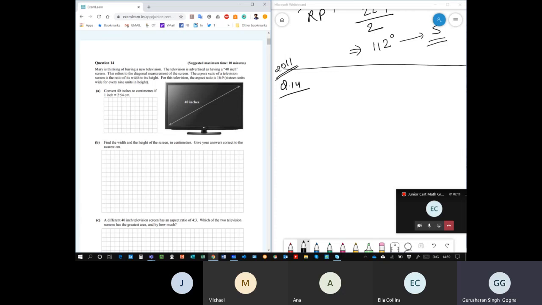The aspect ratio of a television screen is the ratio of its width to its height.